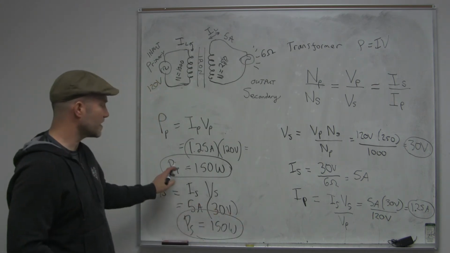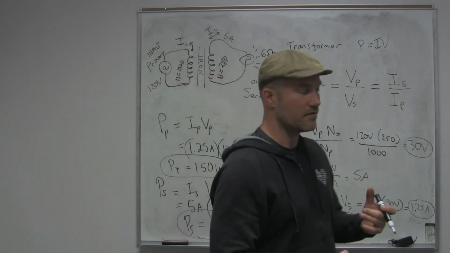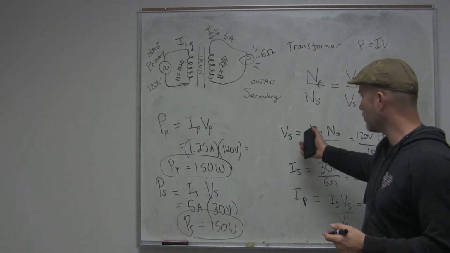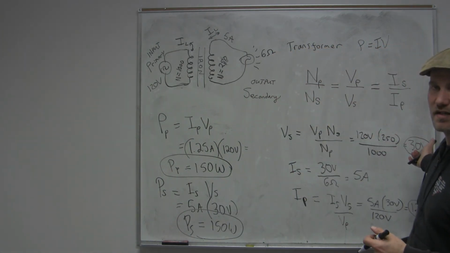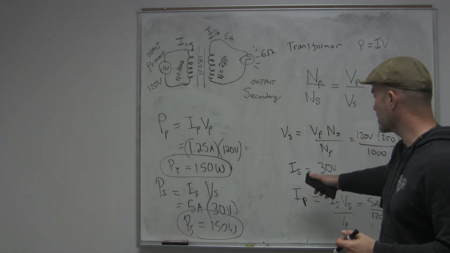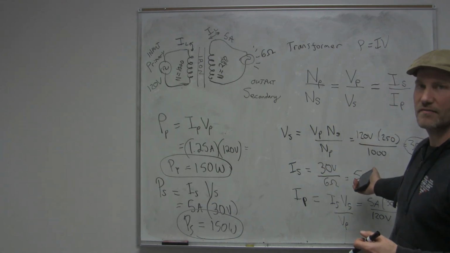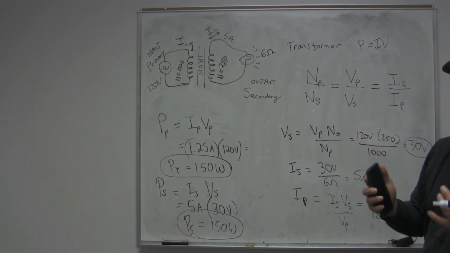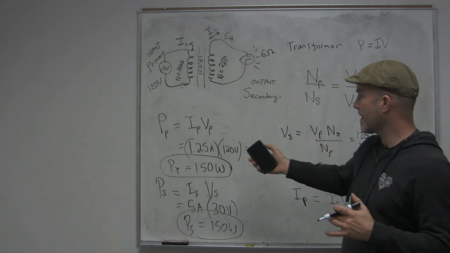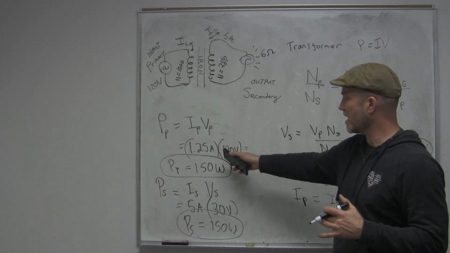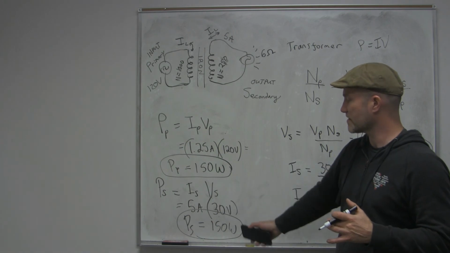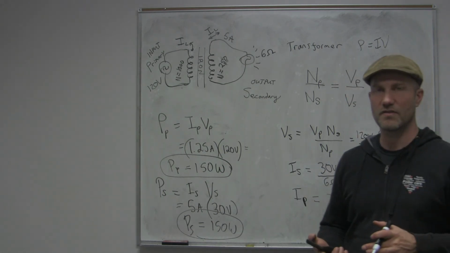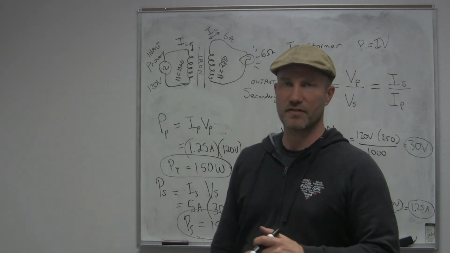That's just a quick verification to show you that even though the voltage is 4 times less on the secondary, the current is 4 times more on the secondary, the product of current and voltage is the same for the primary as it is for the secondary, due to the conservation of energy.